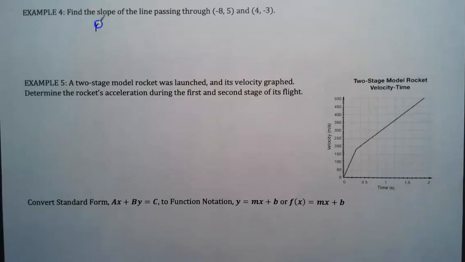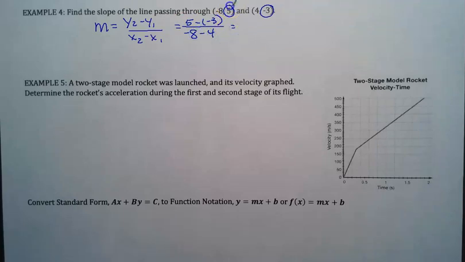Okay, so our slope equals y2 minus y1 over x2 minus x1. So this is going to equal, we circle our y's first, 5 and -3. So 5 minus -3 over -8 minus 4.